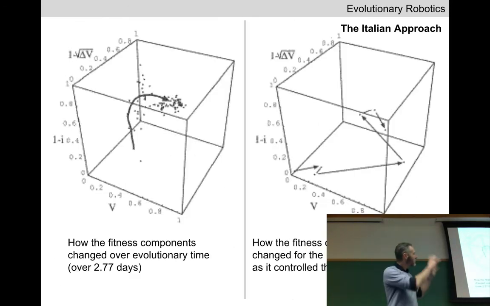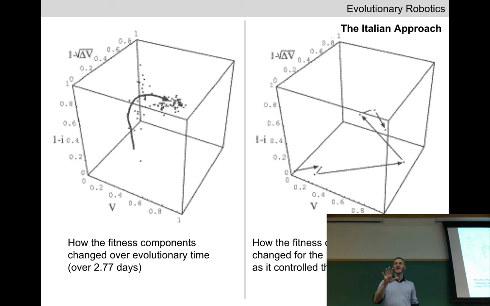Okay, so this one's kind of hard to read, but it's basically showing you where each point here corresponds to one controller, how evolution is trading off these three terms. It's hard to see in this picture, but generally the points are rising in height, which is 1 minus I here, and V and so on. So this is, again, evolution moving through a space.